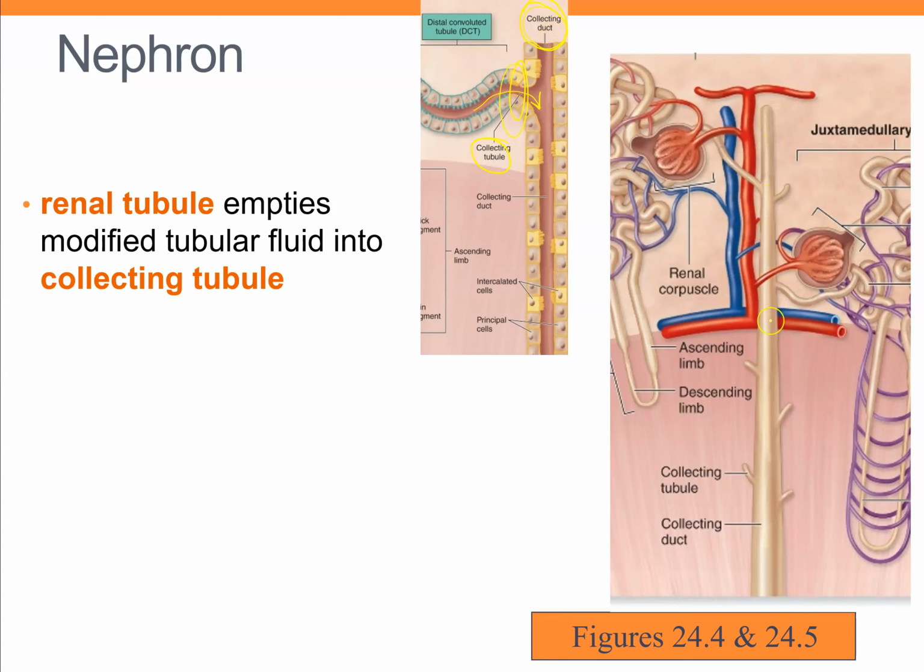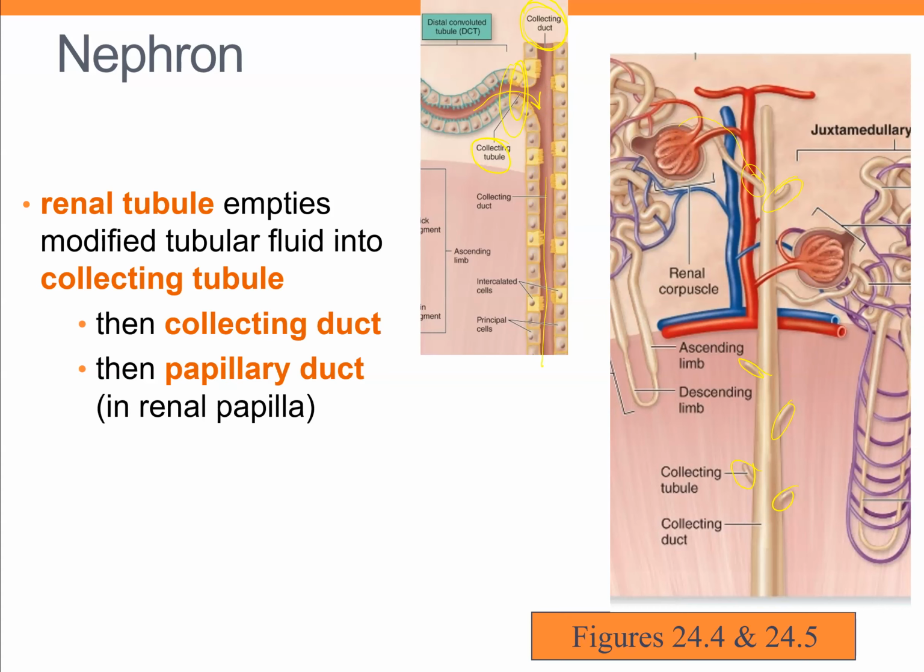So this is a collecting duct, getting bigger and bigger and bigger as it dives towards the center of the kidney, or towards that hilum or renal pelvis area. And these little branches coming off, those are the collecting tubules. There's another one that's actually connected over there. And then again, the collecting duct is this long piece in the center here.